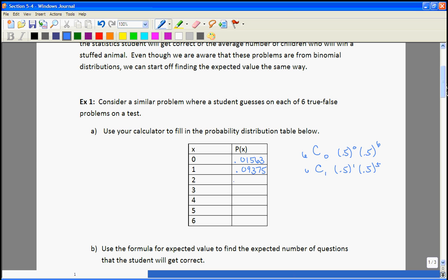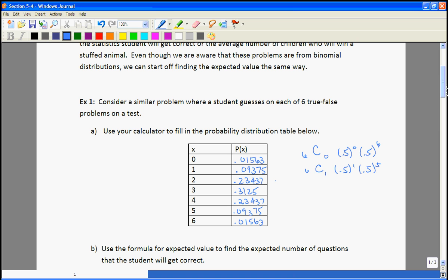And on down the list, this one would be 0.23437, and then 0.3125, 0.23437, 0.09375, and 0.01563.